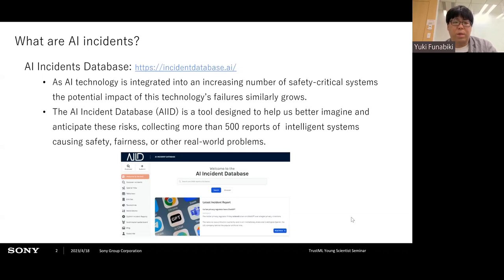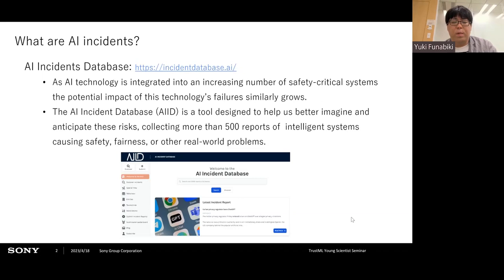As AI technology is integrated into real systems, for example autonomous driving, ChatGPT, large language models, and other tasks, the AI Incident Database is a tool designed to help researchers and other people better imagine and anticipate these risks.